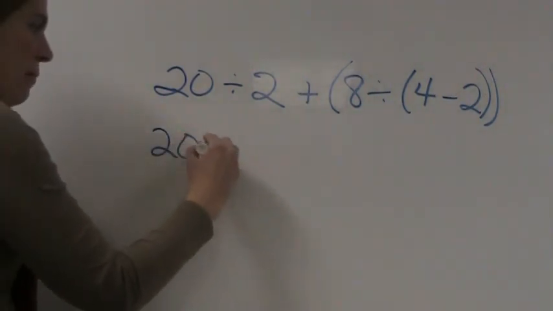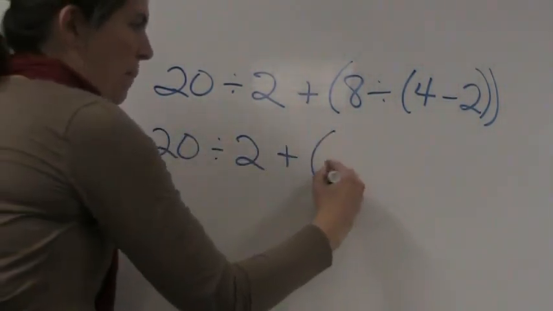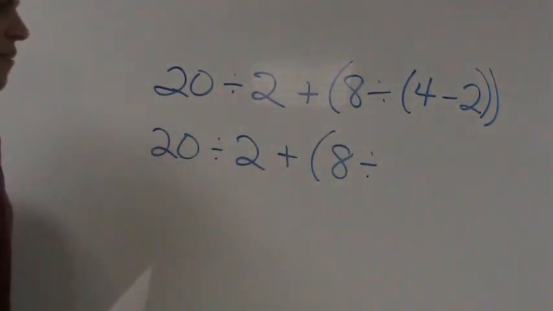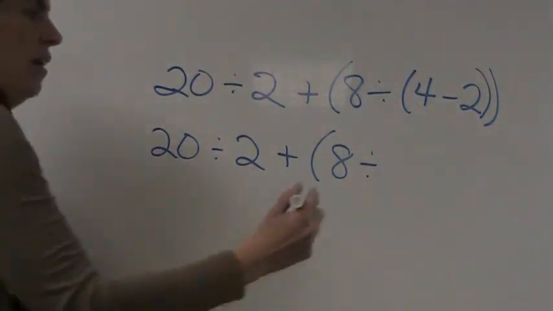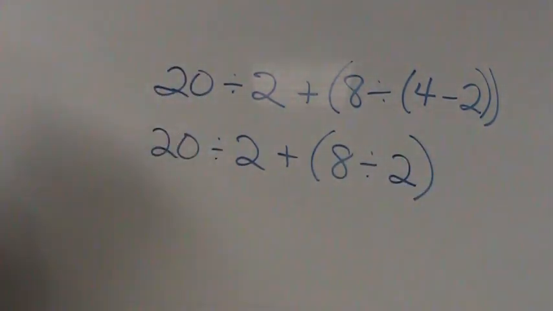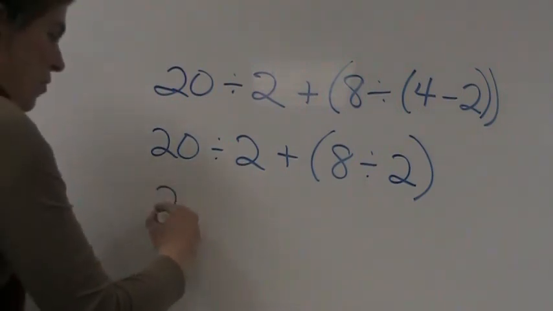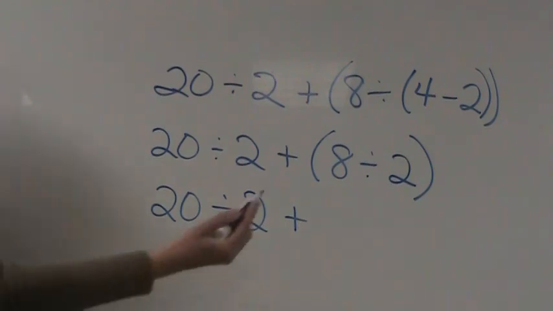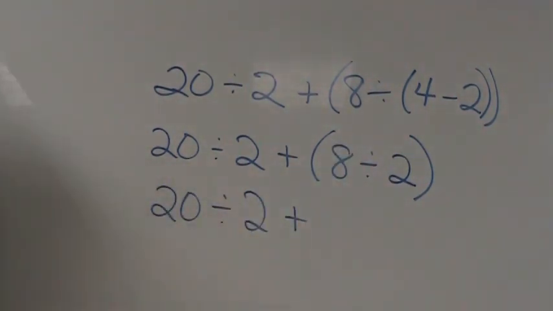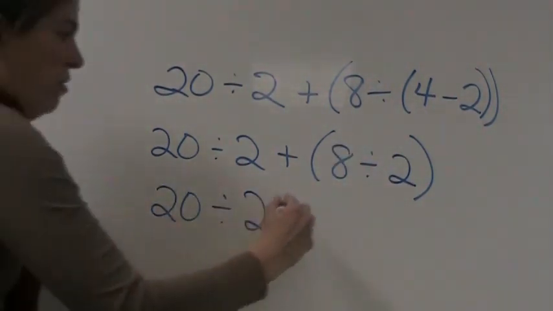So the rest of the problem just gets ignored for now, because I need to figure out what this quantity is inside the parentheses. 4 minus 2 is 2. So I got rid of one of the parentheses, now I'm ready to get rid of the other one. 20 divided by 2, I'm just going to hang on to that for now. And I'm going to deal with what's inside this parentheses. So I have 8 divided by 2, which is 4.